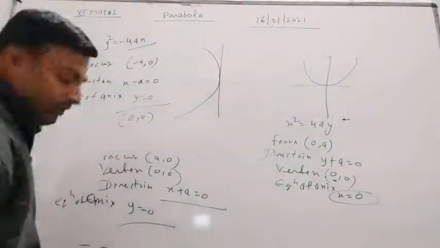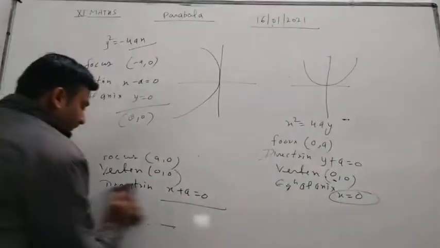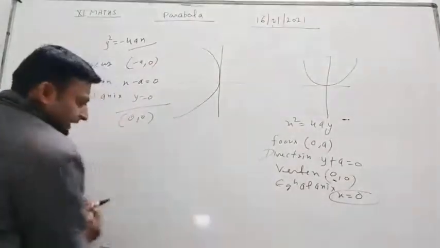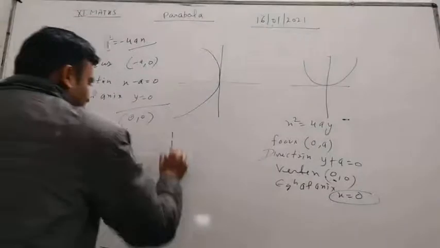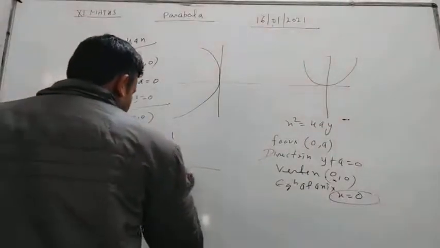Now the fourth case is when the parabola lies on the y-axis in the negative direction, like this.